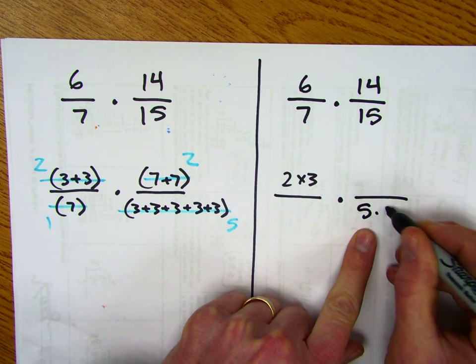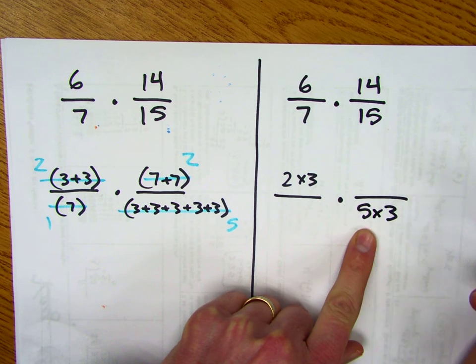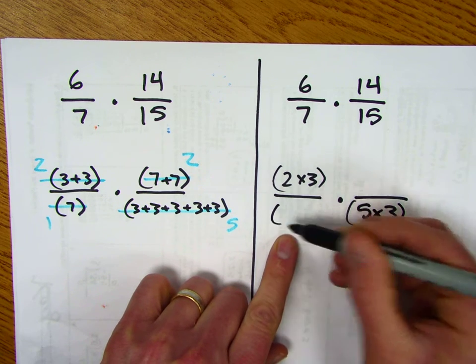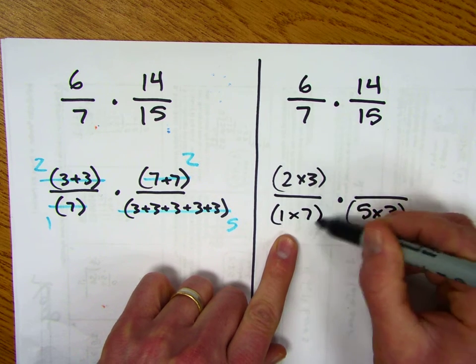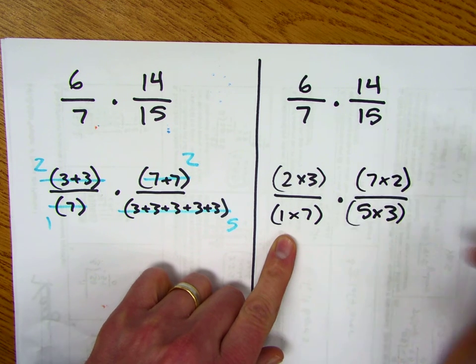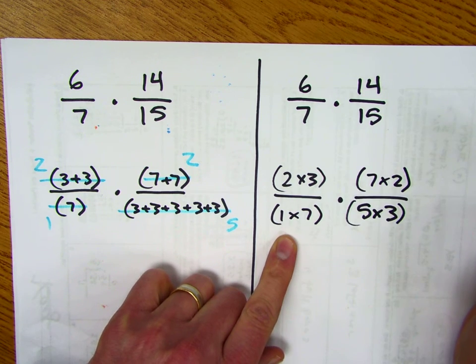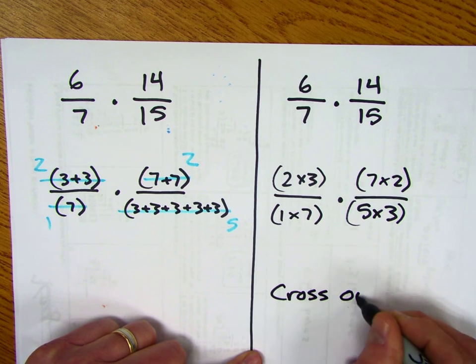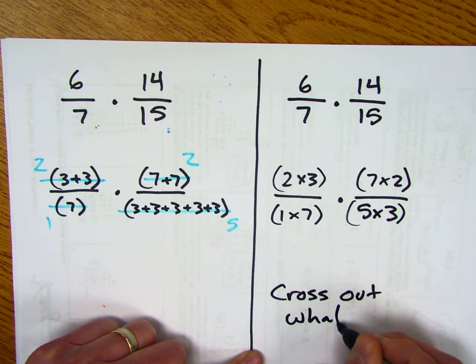I want to do 5 times 3 like this. 5 times 3 over there. And I have 1 times 7. And I have 7 times 2, like this, to get the other top part. And then I'm using this phrase that we've used a lot in class, cross out what's common.